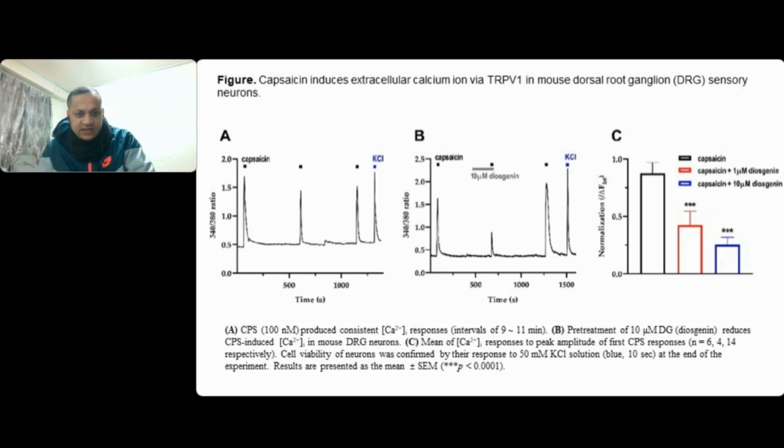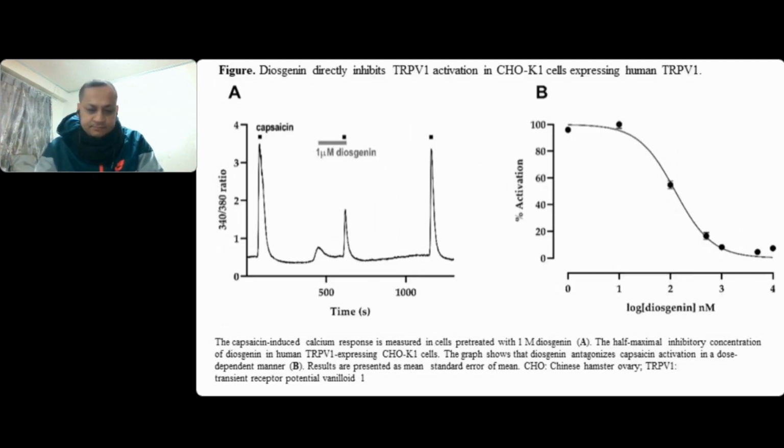When we used capsaicin, the current flow increased, which means the action potential increased. When we used Diosgenin 10 micromolar, it was greatly reduced. If we compare these two peaks, you can see Diosgenin also reduced it. So we hypothesize that this result reflects that Diosgenin can directly act on the TRPV1 ion channel.